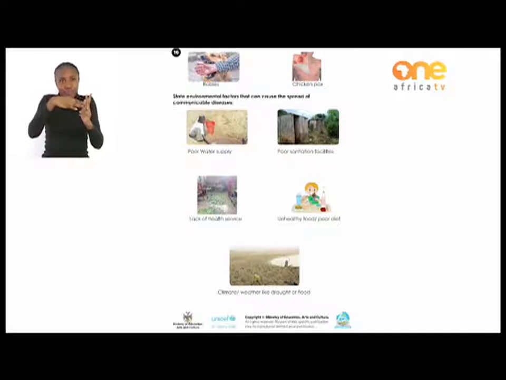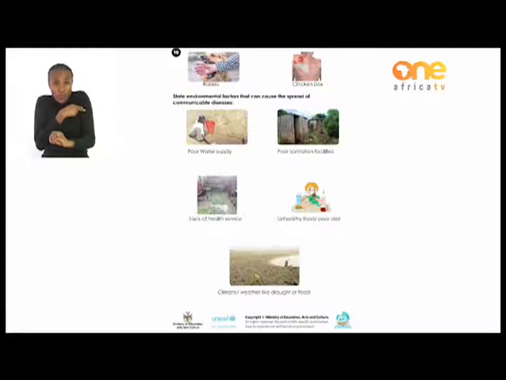Poor water supply. Most of the germs live in dirty water, and you will get diseases such as diarrhea. Poor sanitation facilities. There's also lack of health service, unhealthy food or poor diet, climate or weather like drought or flood.